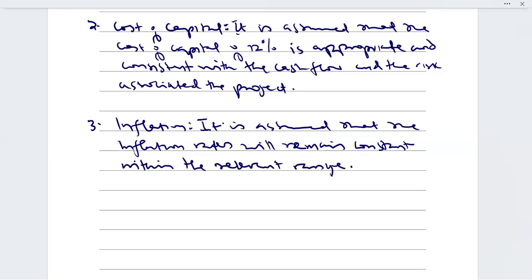So it will not change because, for example, if the inflation rate on the cost increases, then the decision to accept the project may be impacted.